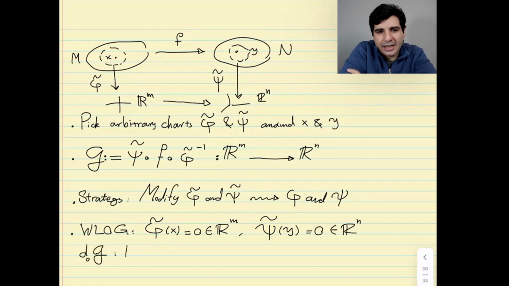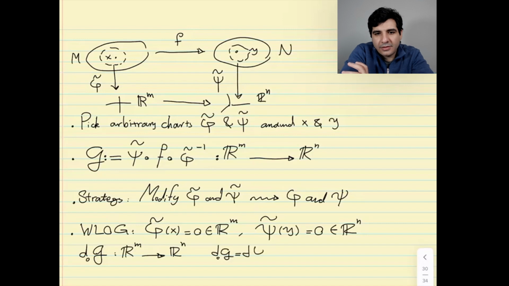So assuming that's the case, the derivative of g at 0 is a linear map from Rm to Rn. Its derivative, just by chain rule, is d of psi tilde, composed with d of f, composed with d of phi tilde inverse. The point is that these are evaluated at the correct points. D of phi tilde inverse at 0 is, again, a local diffeomorphism, so this map should be an isomorphism, therefore it's injective.